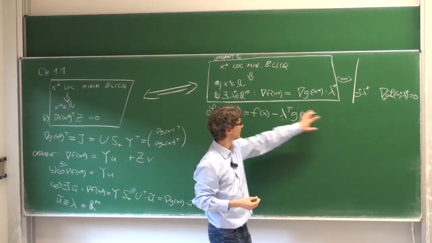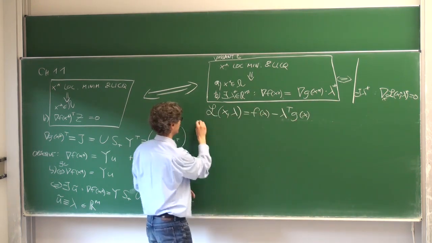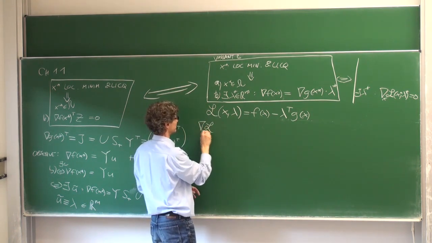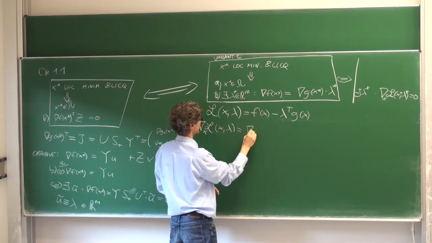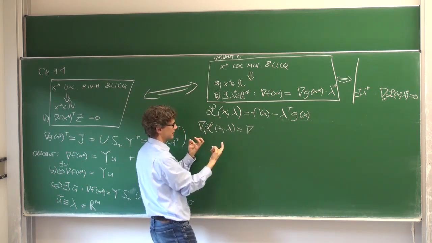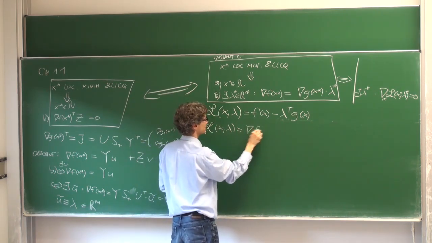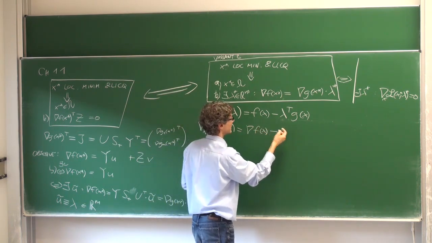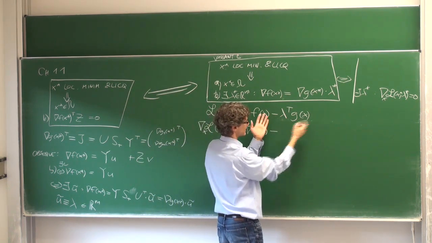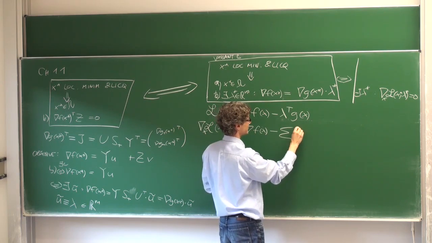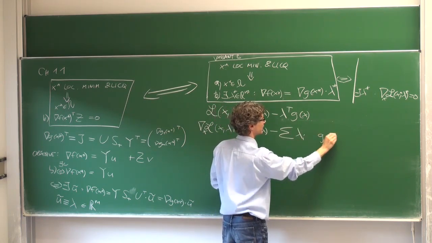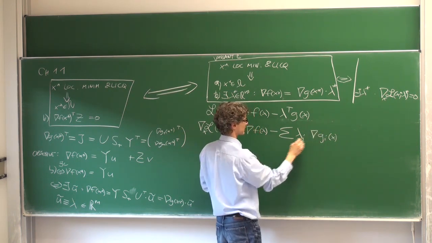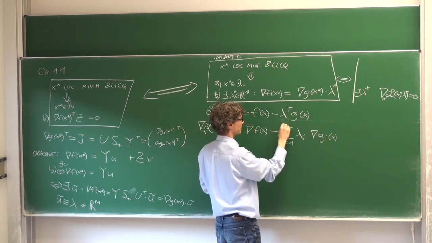And if I differentiate that function, I immediately see, just for the sake of completeness, that the gradient of this Lagrangian function with respect to x is the gradient of f(x), and then you could write it as a sum. Maybe let me write it as a sum for a moment. It's lambda_i multiplied with all the g_i, for each of them the gradient is taken, for i from 1 to m.